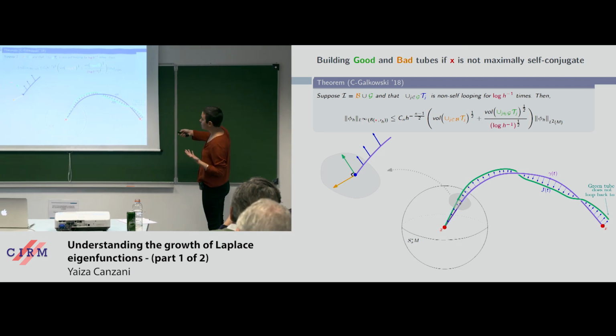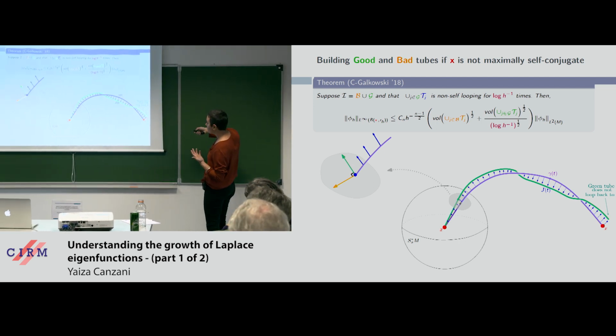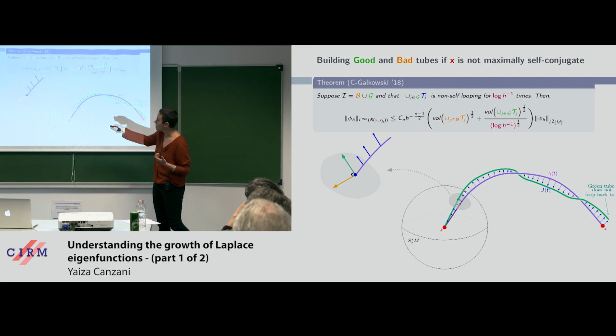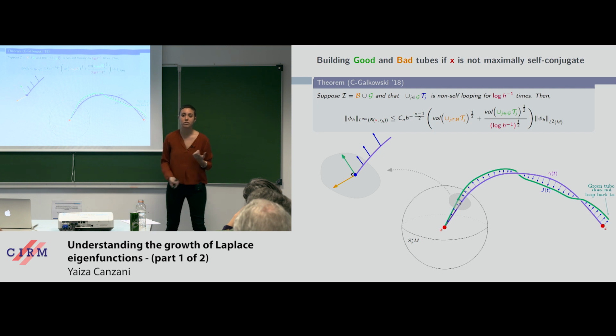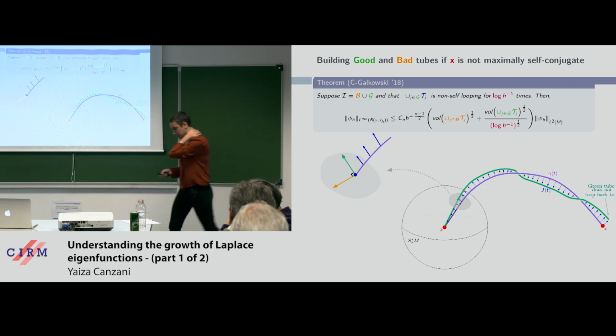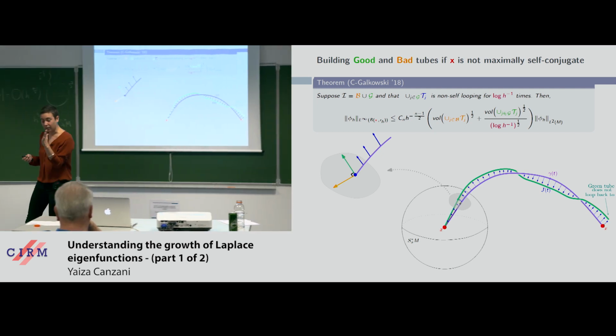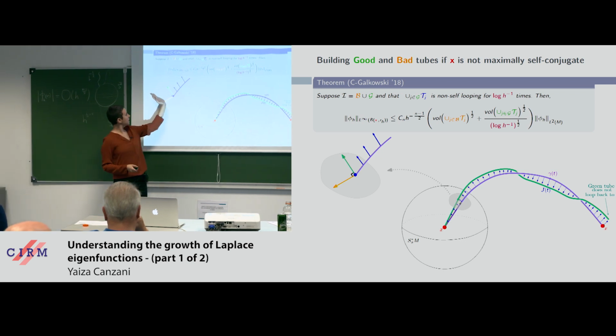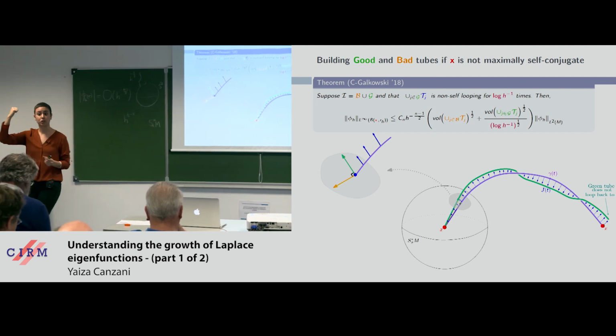This purple geodesic gamma is just the one joining x with itself. That's this direction, and this green arrow is the initial direction for the Jacobi field, and this is the orthogonal direction. If I start with a geodesic that has a component in the green direction, then that geodesic will not loop back.